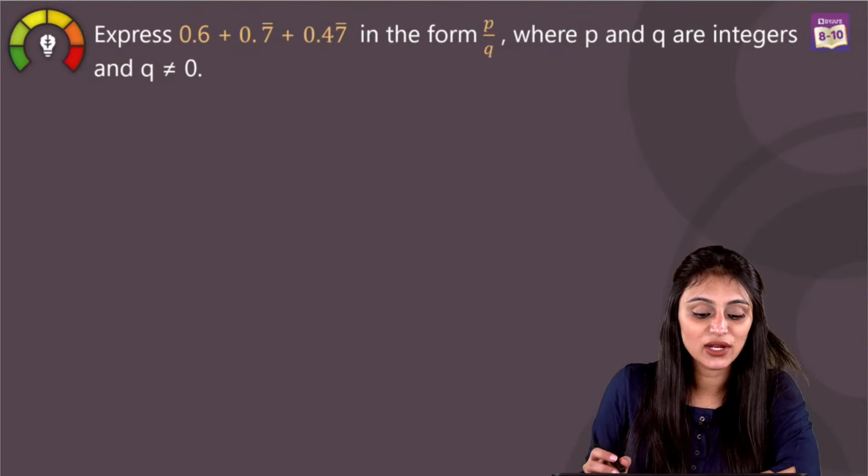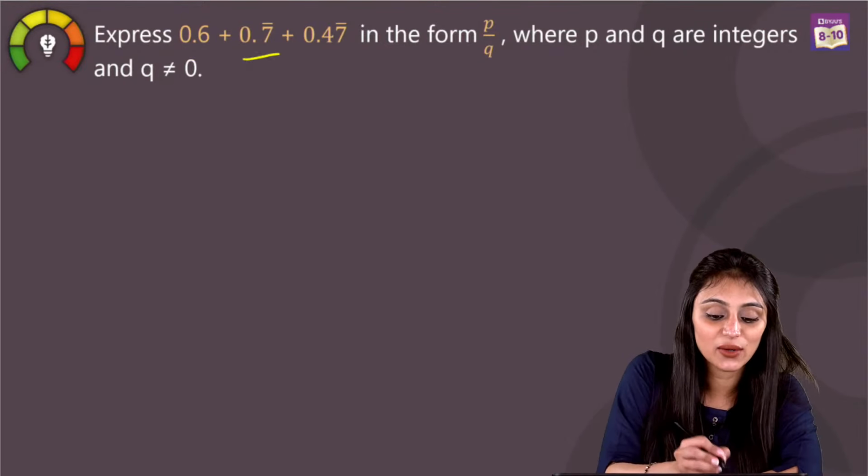In a similar manner, we are going to find out 0.7 bar. Let's first convert that. Let's assume this to be y. Now there is 7 bar. That means this digit 7 is repeating over here, so we write 777 and dot dot dot. Now the bar is on 1 digit, this is the repeating number. So I'll multiply this by 10 so that the decimal shifts here.